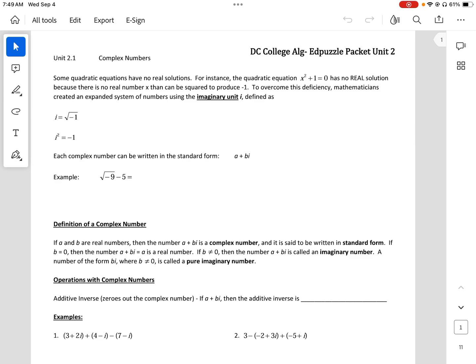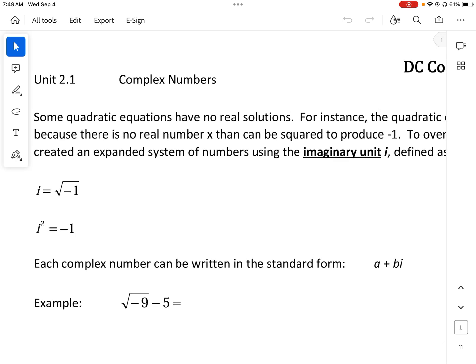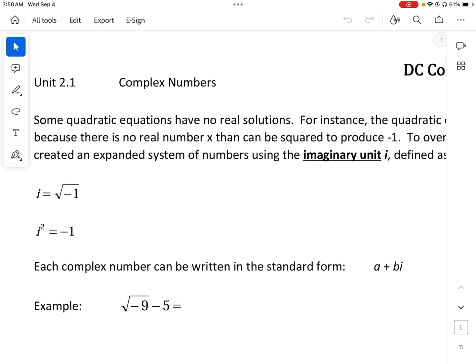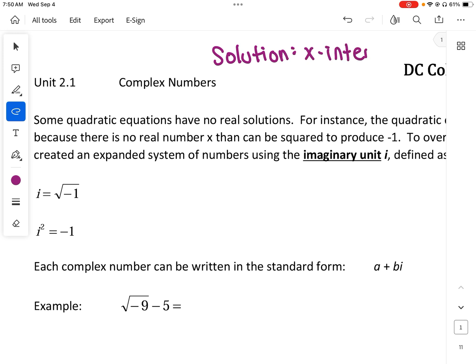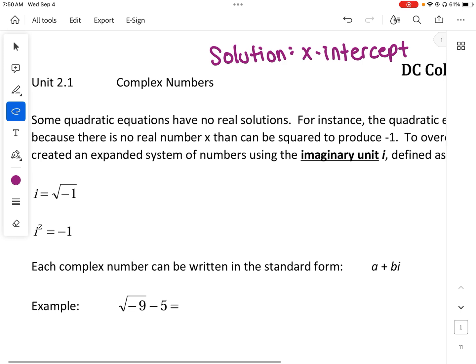Remember that a solution for a quadratic is where it crosses the x-intercept. So when it has no real solutions, that means it doesn't cross the x-axis at all. But we can't just say no real solutions. We actually find those solutions, and they're imaginary solutions.